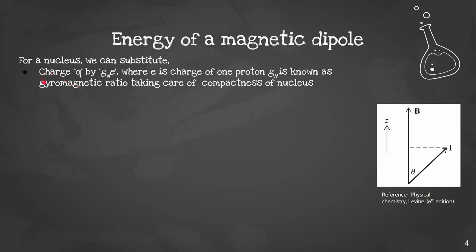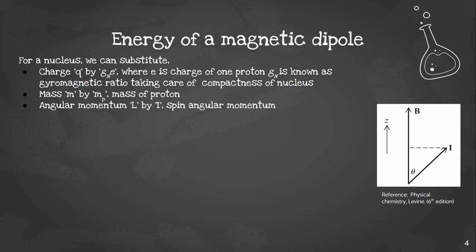First, we have to replace the charge q by gn e, where e is the charge of one proton, and gn is known as the gyromagnetic ratio or magnetogyric ratio, which takes care of the compactness of the nucleus that contains the neutrons and protons. The mass m is replaced by mp, the mass of the proton, which produces the current or interacts as a magnetic dipole moment.